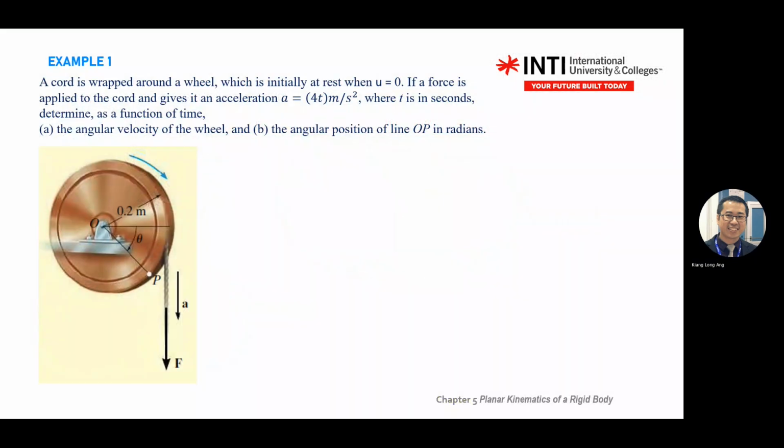Okay. Let's look at this example, then we call it a day. All right, now you have a cord here around a wheel with it initially at rest. So what do you have? Initially at rest. Velocity, 0.